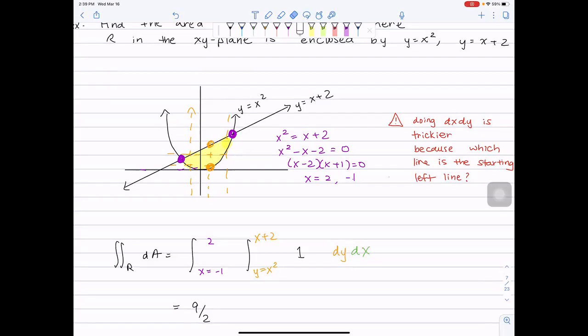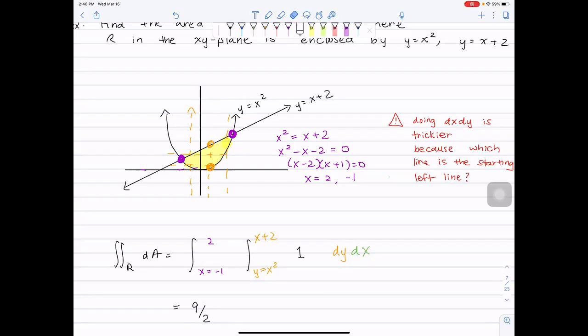So you draw this first yellow line. The yellow line enters at x equals y minus 2, because this line is y equals x plus 2, or we write it as x equals y minus 2. So it enters there, and then it exits at this line. That line is y equals x squared, or because we want to write it as x equals something, this is x equals square root of y.